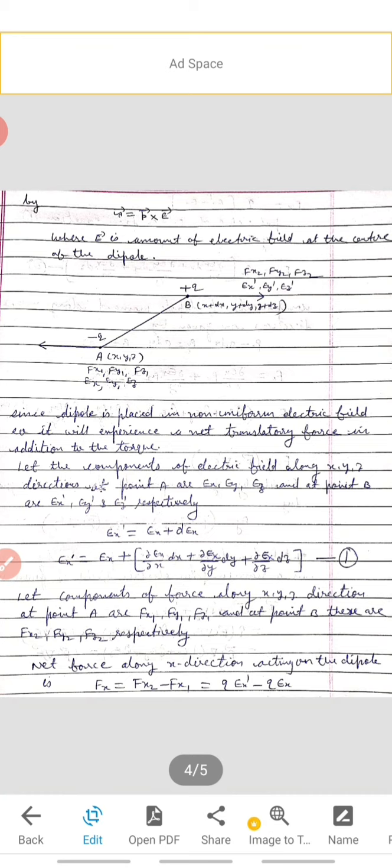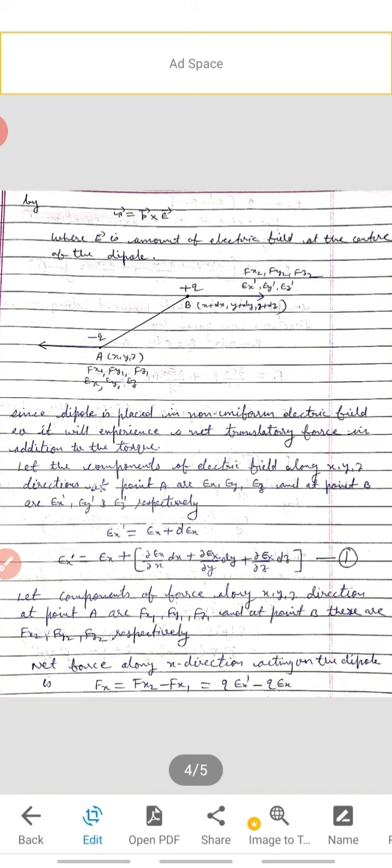Let the component of the force along x, y, z direction at point A are Fx1, Fy1, Fz1, and at point B these are Fx2, Fy2, Fz2 respectively.